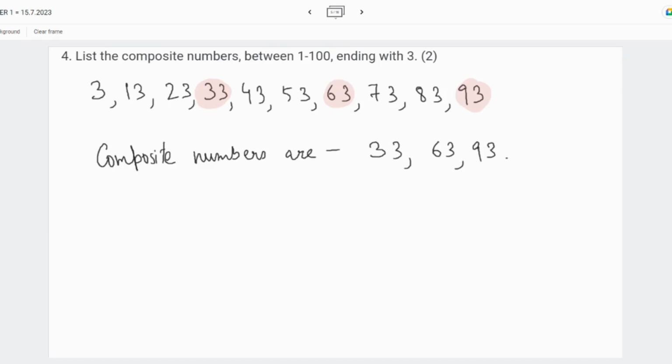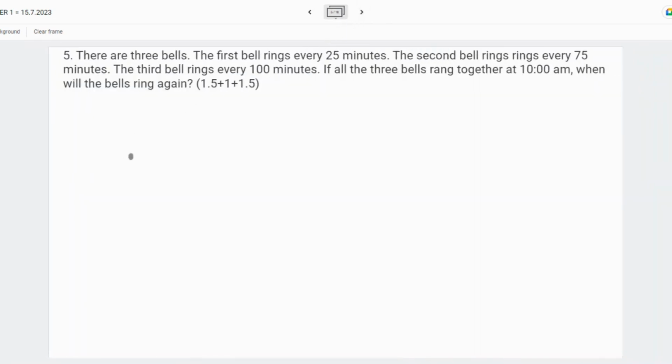This is my answer. Take a good look at it. This one can be tricky, but it is easy. Now, going to the next question.